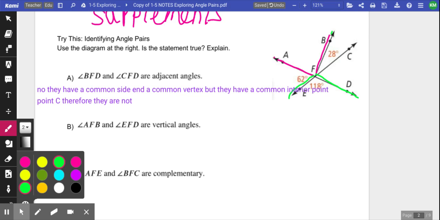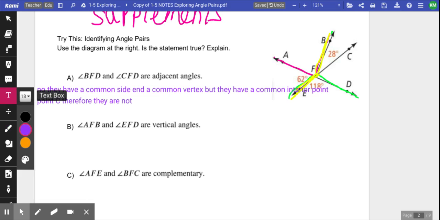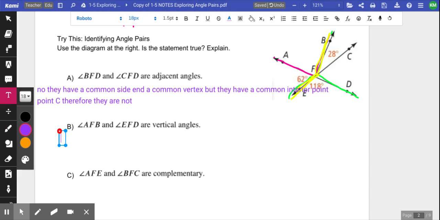So we take a look and the problem arises right here with FB and EF. So remember, vertical angles have to be formed and have opposite rays. EF and FB are not opposite rays. So there's our issue.